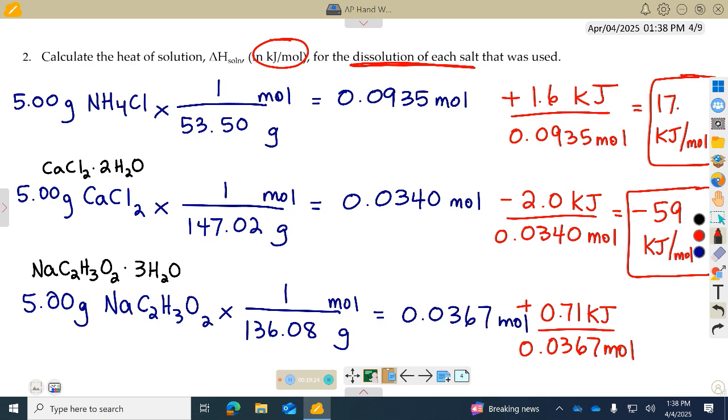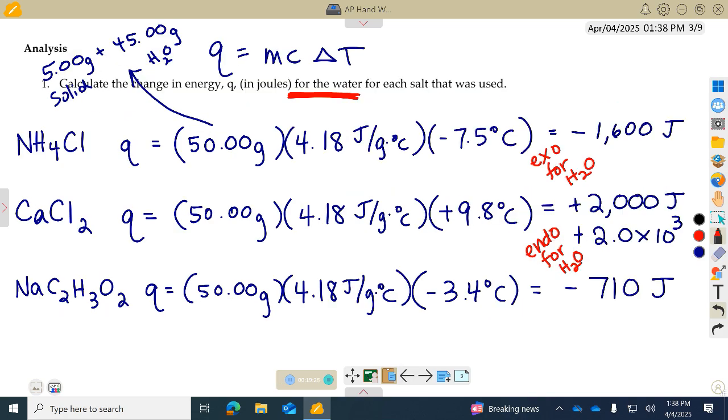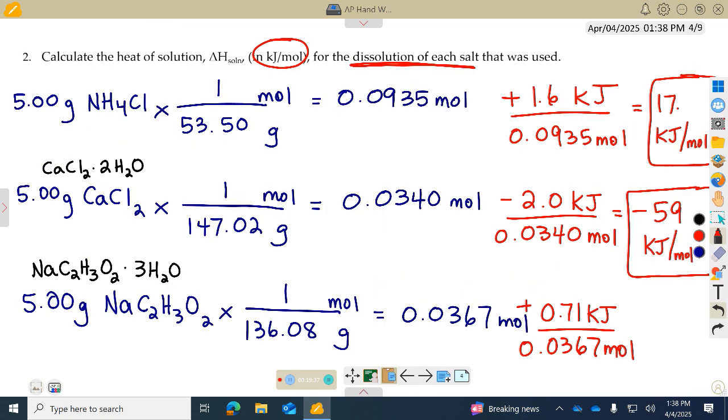The water temperature went down by about 3.4 degrees. So the water lost heat. Well, it must have then been absorbed by the sodium acetate. Dissolving sodium acetate had a net input of energy from its surroundings.